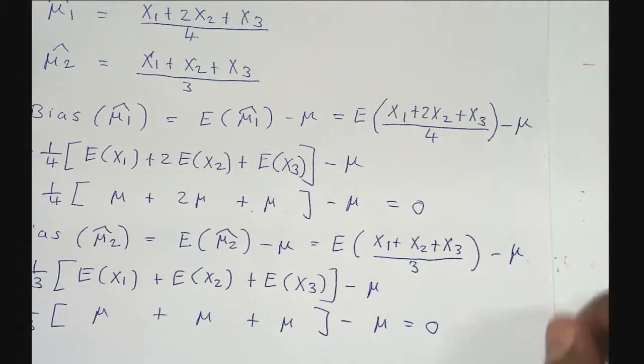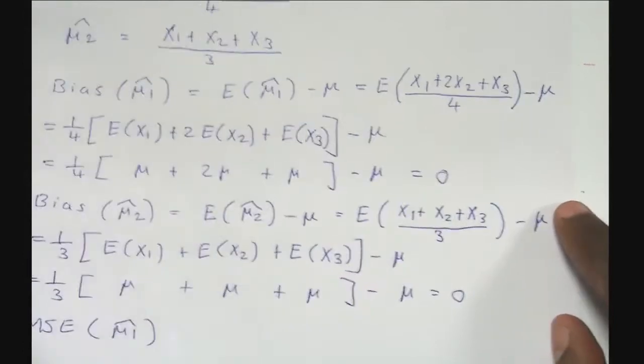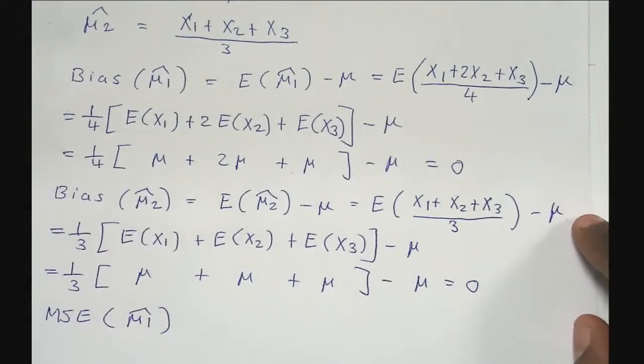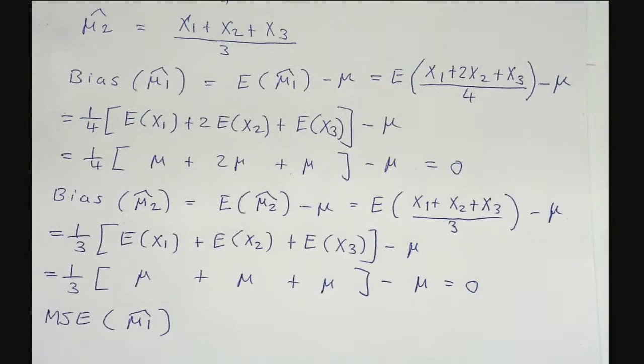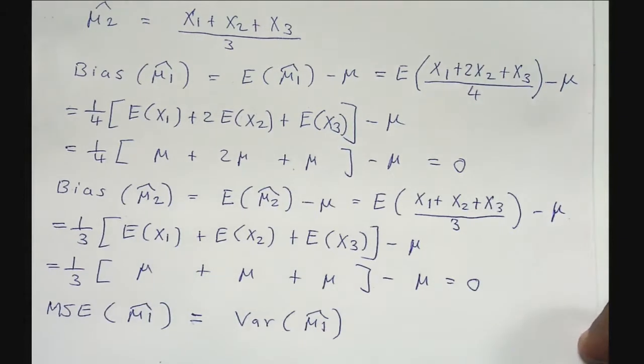So the next thing you need to do is to consider the MSE. I'm going to compute now. Start with the MSE of the first estimator. Remember, if an estimator has bias equal to 0, then the MSE is the same as the variance. I proved this in the class, guys, some time ago, right?